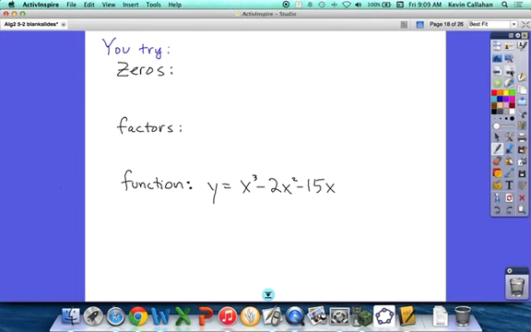Anybody get zeros? So there's a zero, there's a zero, there's a zero. What's the values?